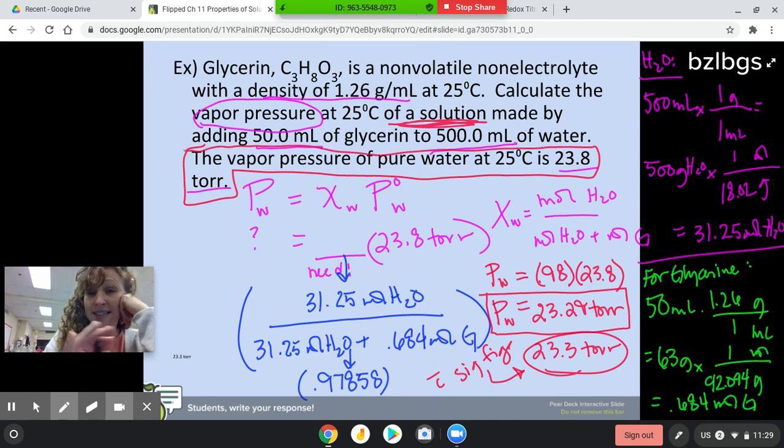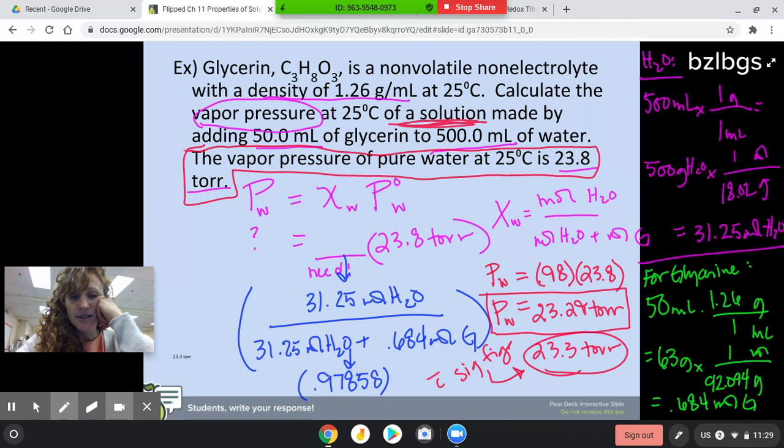So when in doubt, make your partial pressure match whatever they gave you in vapor pressure. Going through this problem, I had to stop and process that too. Do I do mole fraction of glycerin or mole fraction of water? So I just made it match the vapor pressure that they gave. Good question.